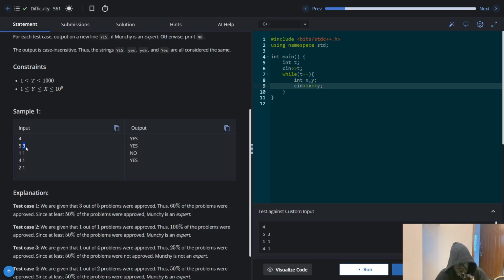So 3 is greater than or equal to 2.5, which is true, so we write yes. Munshi submitted 1 problem and 1 got approved. In this case 100% of the problems got approved. If you do 1 by 2, that is 0.5, so 1 is greater than or equal to 0.5, so we need to return yes.